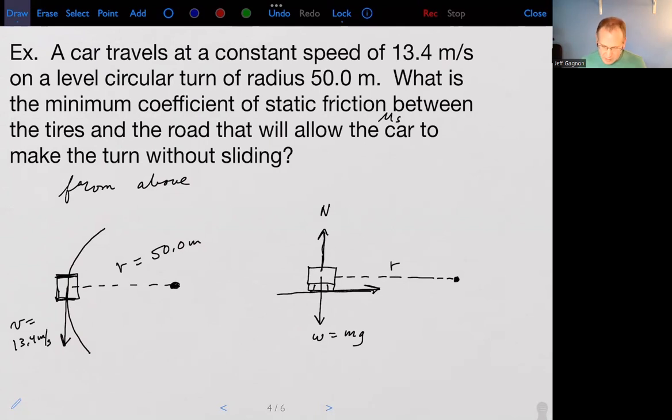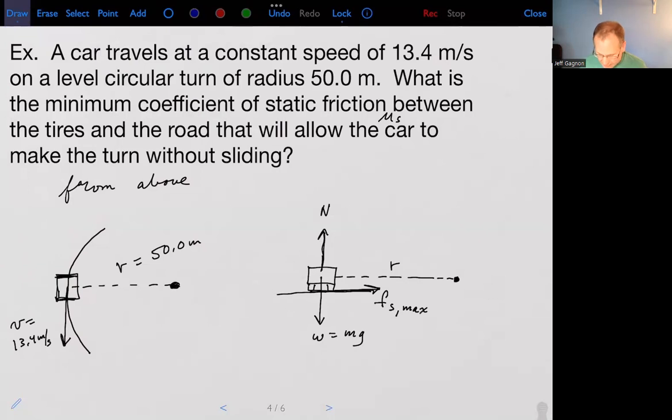And because we want to know the minimum coefficient of static friction between the tires and the road that will allow the car to make the turn without sliding, we want to know basically what is the maximum static frictional force that we can apply to the car so it keeps moving in a circle. So when we calculate that static frictional force, Fs, it's really going to be the Fs max, right?